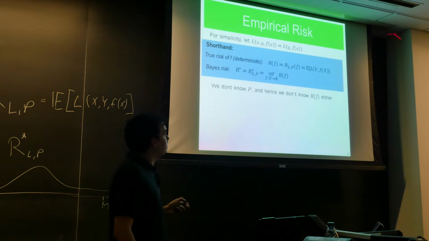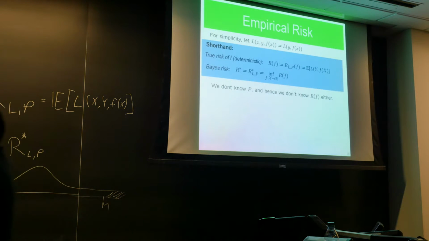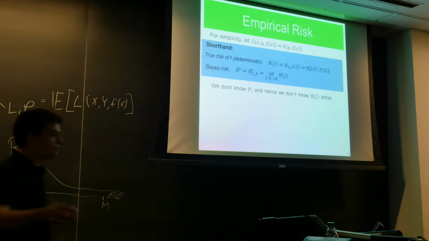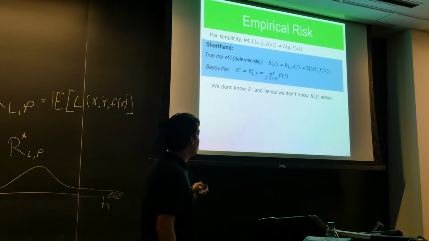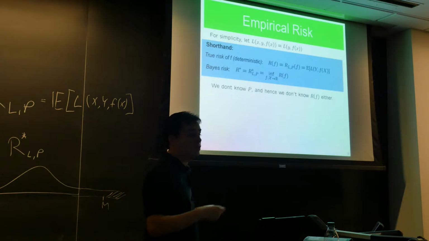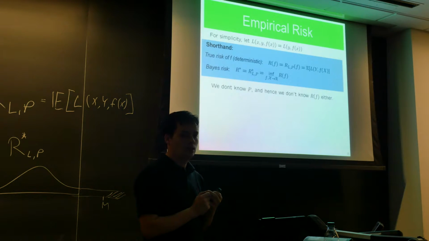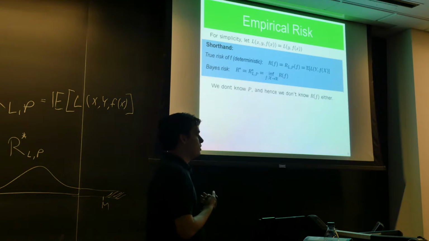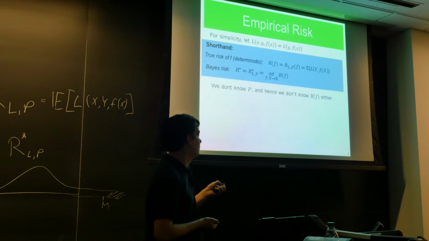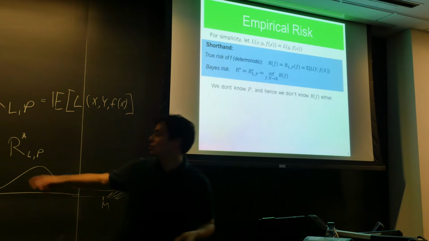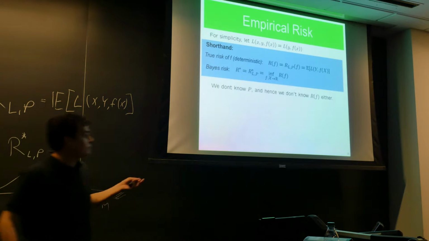And of course, we don't know p, this distribution of x and y's, in practice. We just have training examples. So we don't know p, and because of that, for any given function f, we don't know the risk of that function. Right? So you have a classifier with function f. Because we don't know pxy, we don't know the risk of that classifier.